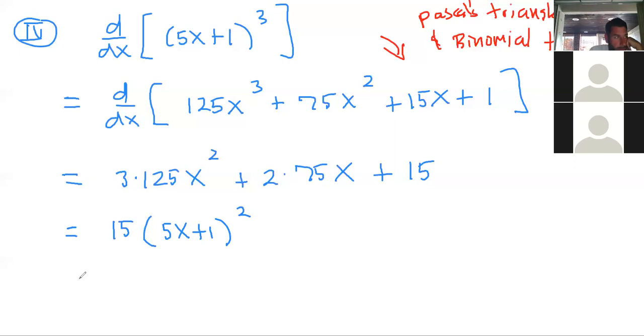And perhaps if I write it like this, instead of writing 15 out front, if I write 3 times the quantity 5x plus 1 squared times 5, I might even recognize a pattern.